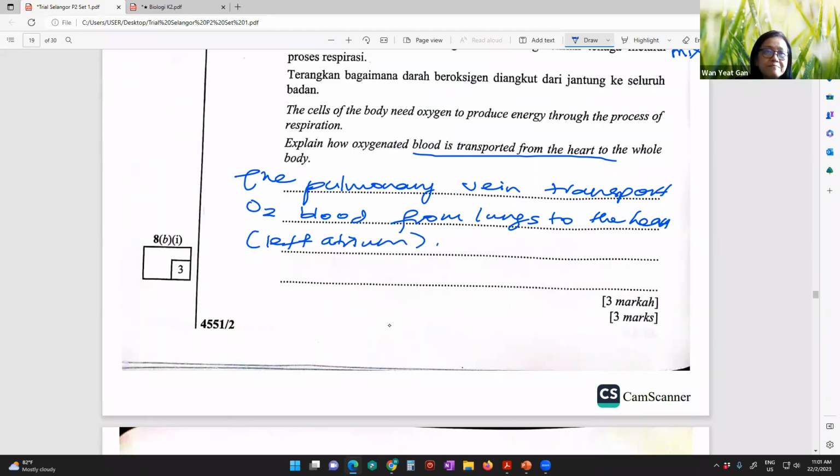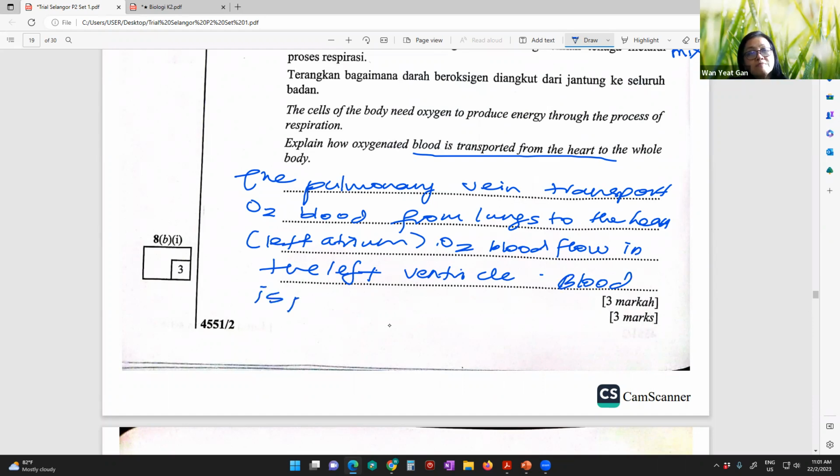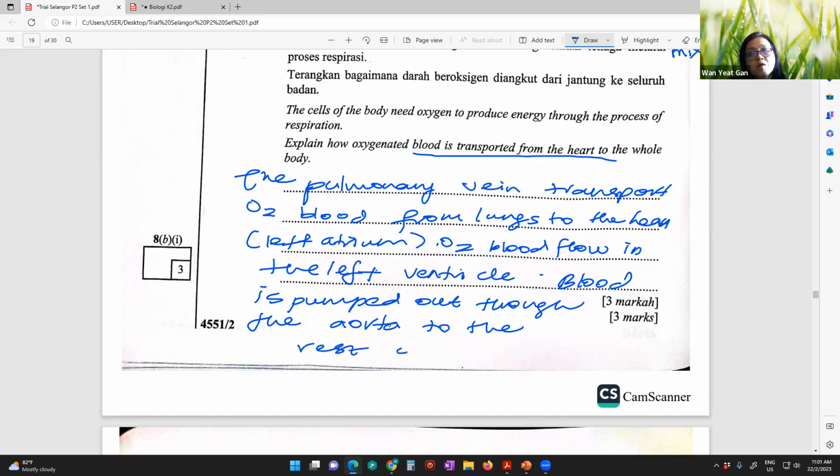Okay, so then the oxygenated blood flows into the left ventricle, right? And then after that, blood is pumped out through the aorta to the rest of the body.